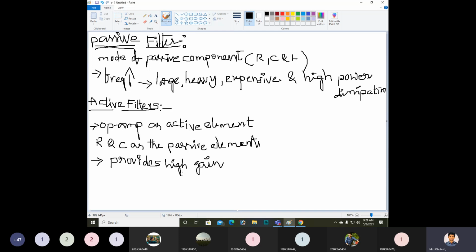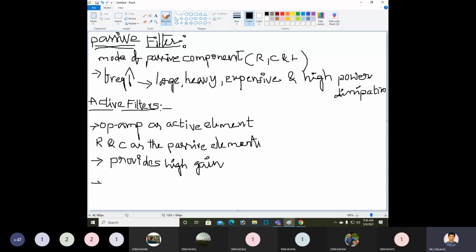If we assume that the op-amp acts in non-inverting mode in the active filters, it offers high input impedance and low output impedance.